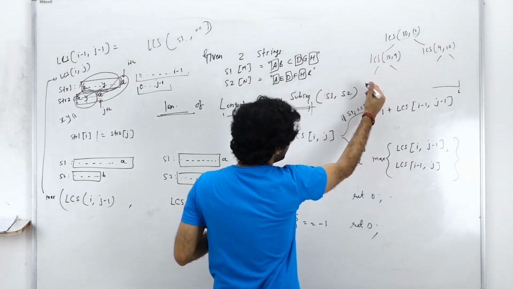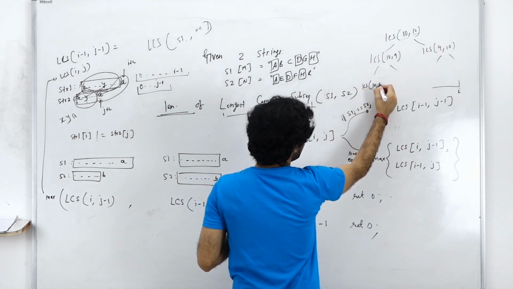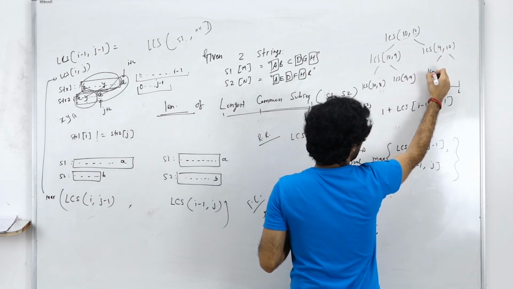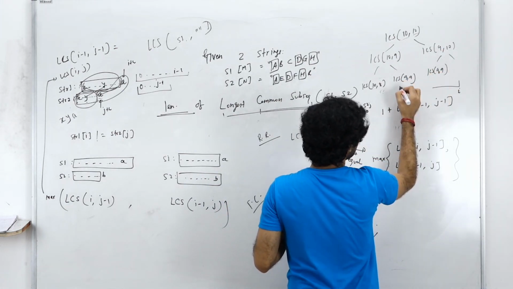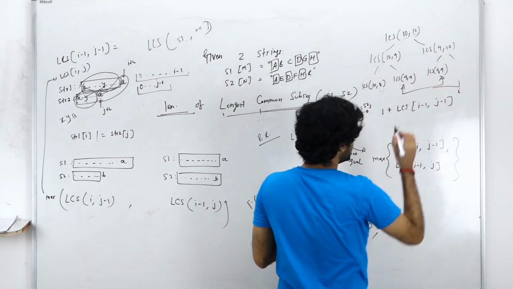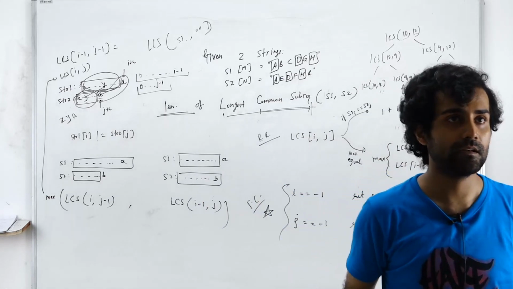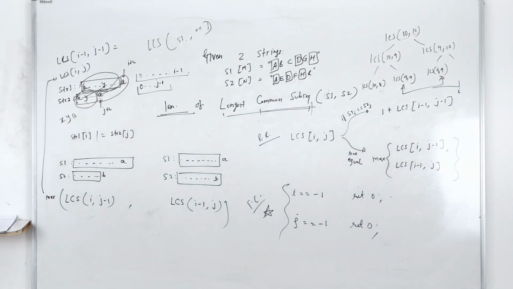Now this might again call (i, j-1) and (i-1, j). And when this calls (i, j-1), you see that both of them are exactly the same. So it can happen that the same problem is being solved again and again. Overlapping subproblems are there. How many of you are able to see the overlapping subproblems?